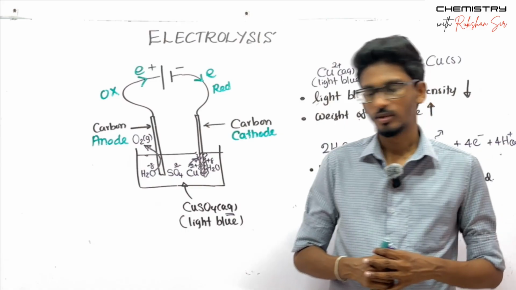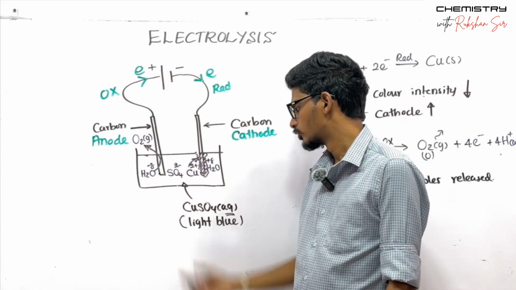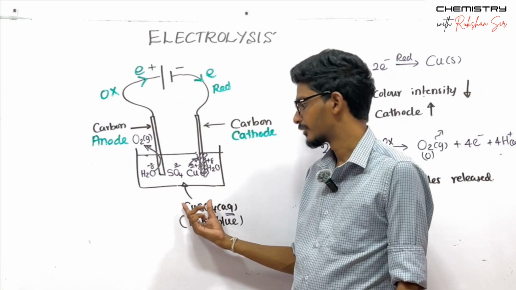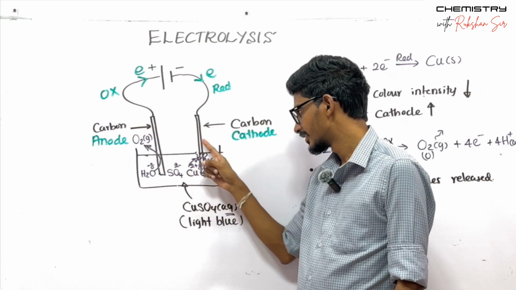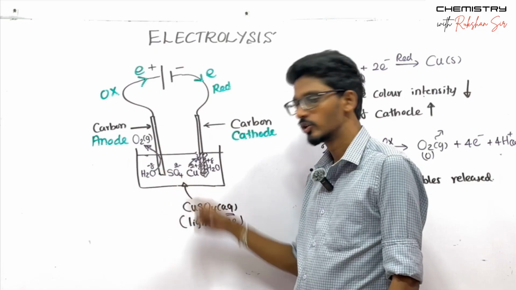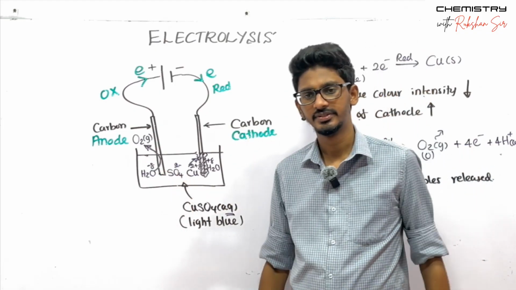So you will clearly see that as you use the electricity, this copper sulfate compound has broken. The copper will get deposited at this cathode, and the sulfate is there in the solution. The copper sulfate has been separated.